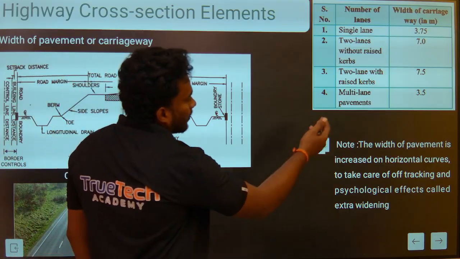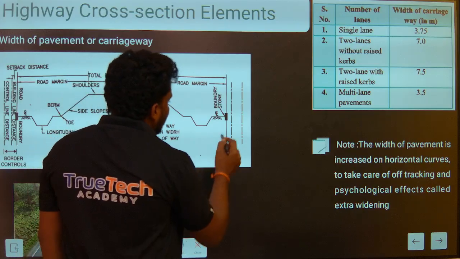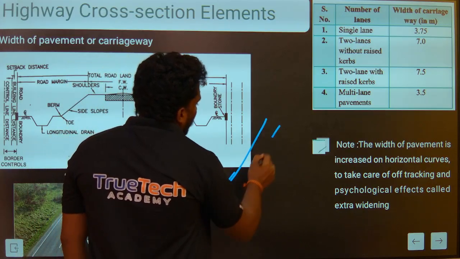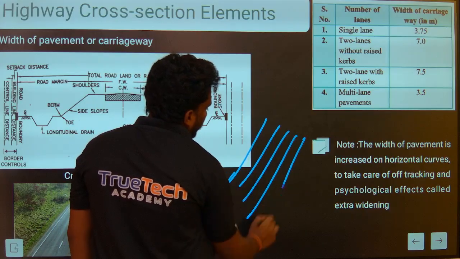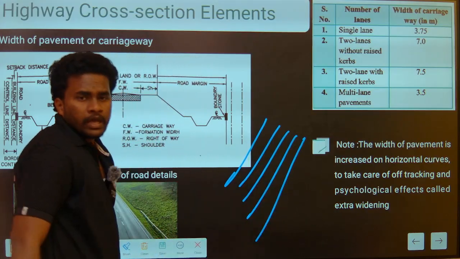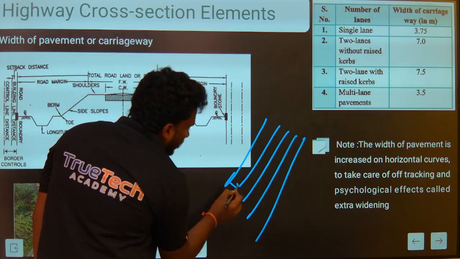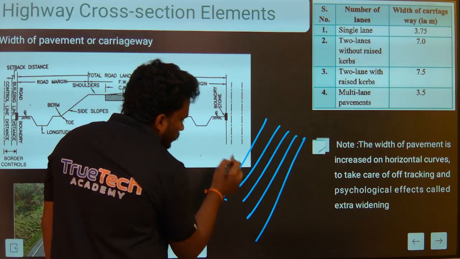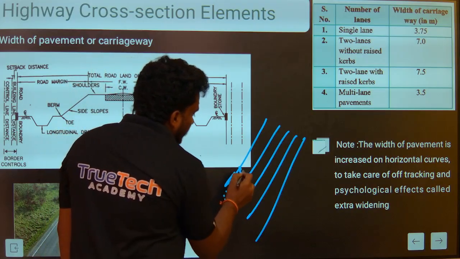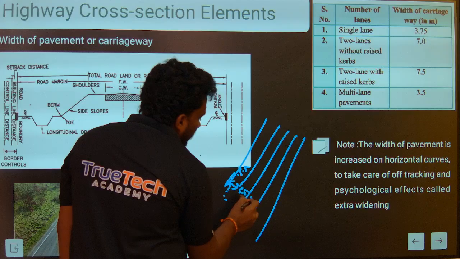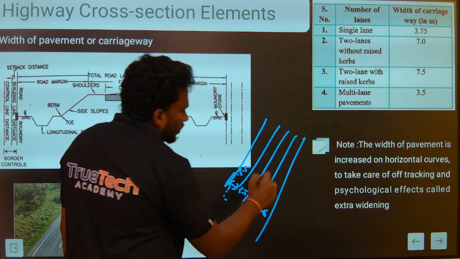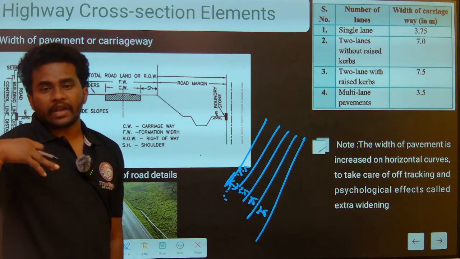And for multi-lane pavements, for example, if we have to construct a highway of 4-lane road, then what is the width of one lane? That is 3.5 meters, and this is 3.5 meters, 3.5 meters, 3.5 meters. We have to multiply by how many lanes are there.